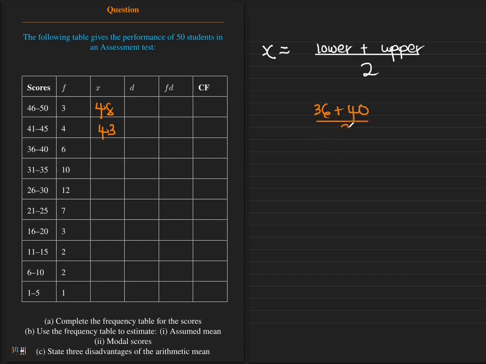So 76 divided by 2 gives us 38. So for the next one, we have 38. Now observe carefully. You would see a pattern that is going to help you not to repeat everything again.